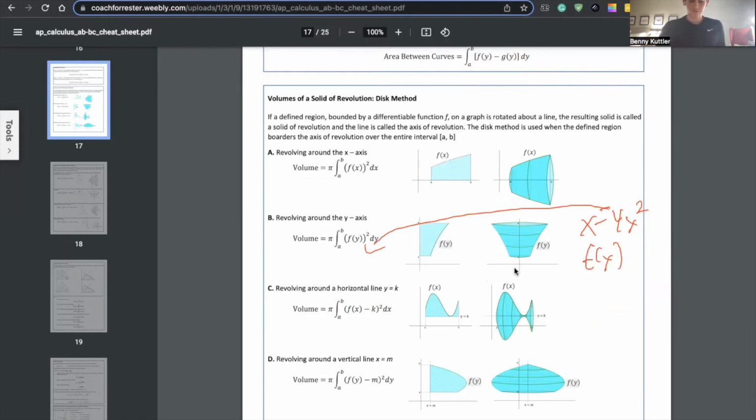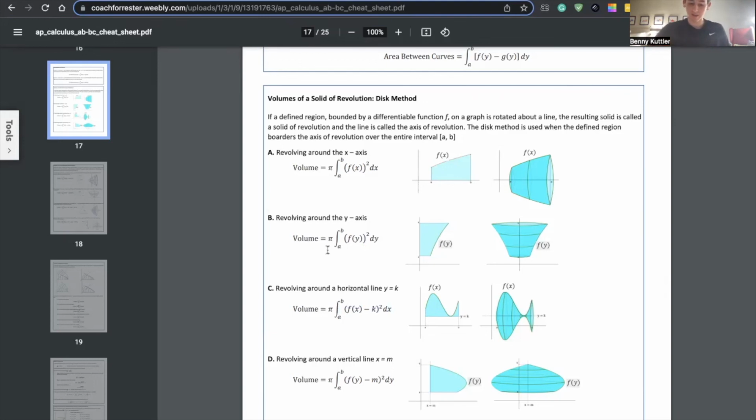So now, if we revolve it around just some random horizontal line, so let's say y equals 3, then it's not going to be exactly the same because this is our function and we're revolving it around this line instead of this line down here. So the way that we do this, you can see the formula here.